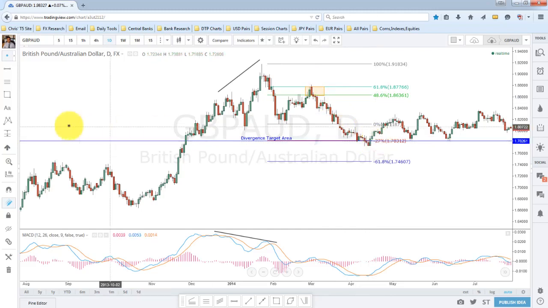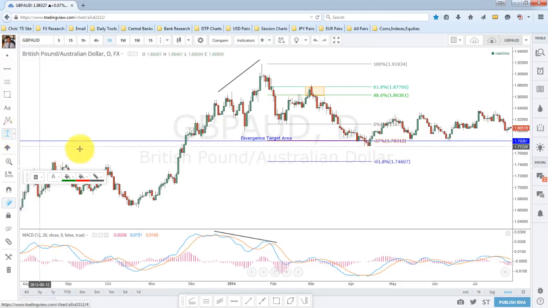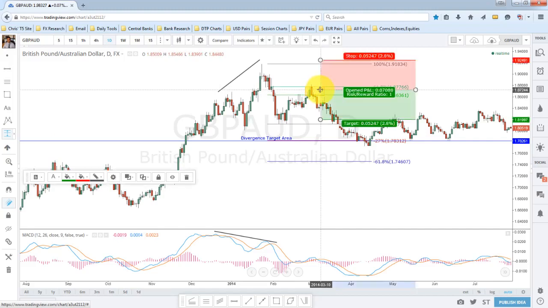Okay, so basically, what I'll do is I'll just use the short position tool here. Let's just say we had an entry somewhere around here, if we had an extension or a divergence in here that qualified, just as a guesstimate to give us a round figure.